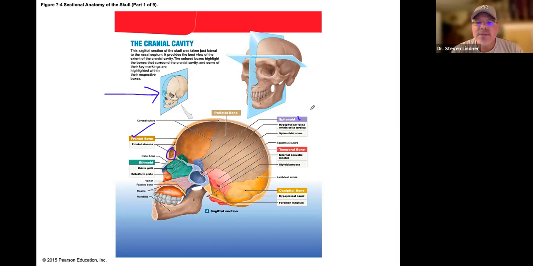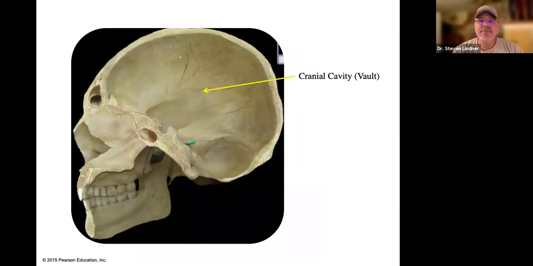Here is the sphenoid bone. We can see a sphenoid sinus, okay? Those are those little openings, those chambers. So when we open up the skull, here is the cranial vault or the cranial cavity. This entire opening right here is the cranial vault or cranial cavity.